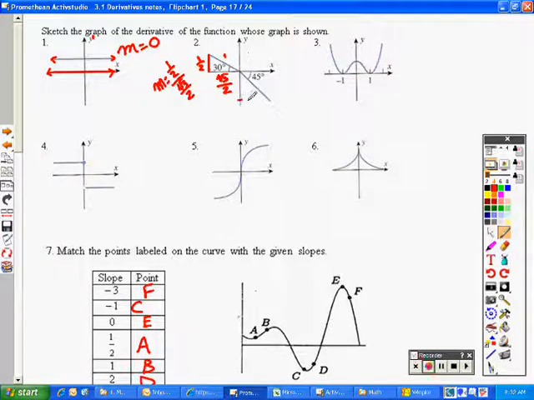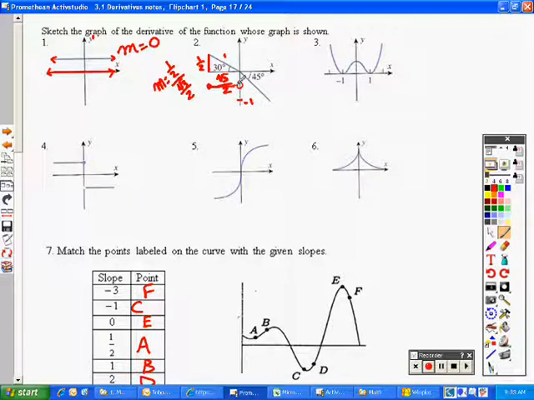So if this was -1, our slope from here to here, I'm going to put a closed dot on the end, and I'm going to put an open circle at 0.